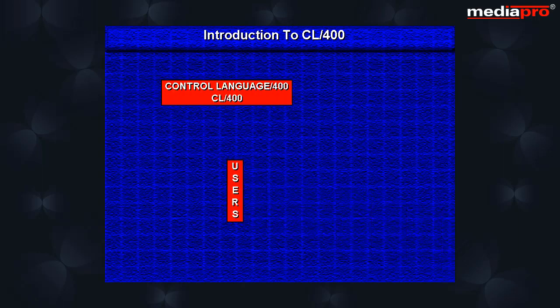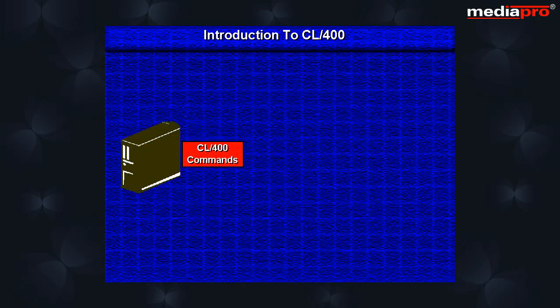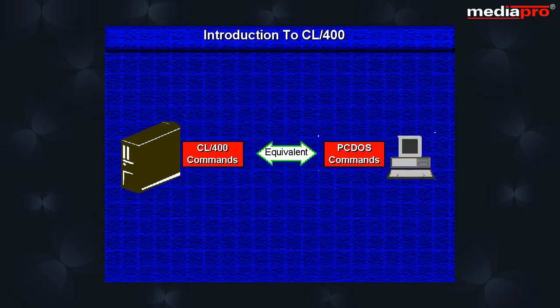CL400, or Control Language 400, is the native language of the AS400 through which users interact with the system. CL commands are similar to the PC-DOS commands used in the PC environment.